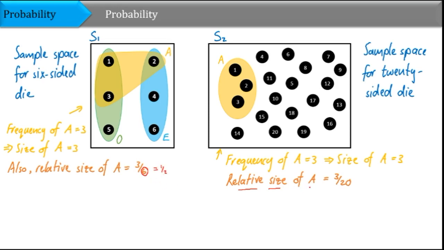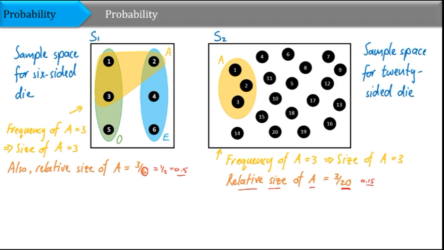The relative size of A compared to the sample space for sample space 2 is 3 over 20, which is 0.15. So where this one is 0.5, this one is 0.15. So clearly the size of event A is very different when we compare between the two sample spaces.